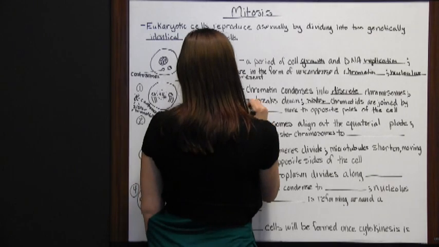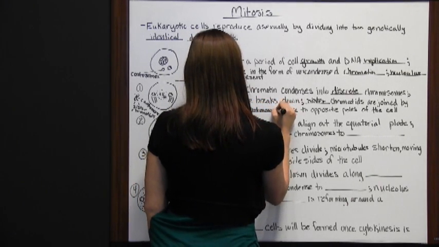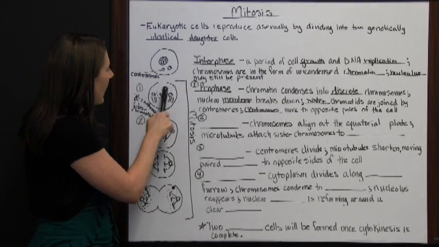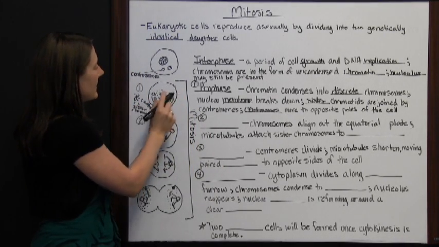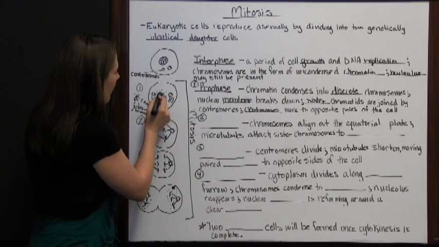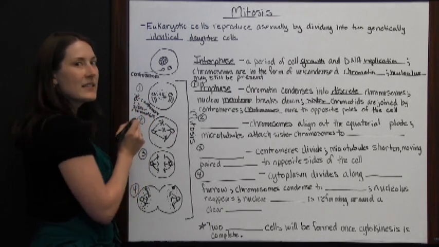The centrosomes are going to move to opposite poles of the cell. So remember, we just kind of had them in the cell here. Now they've moved to opposite sides of the cell, so they're opposite each other and kind of equally spaced in the cell. The chromosomes have paired up to form sister chromatids connected by a centromere.